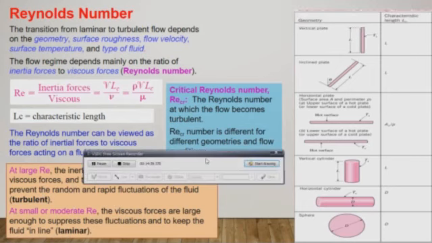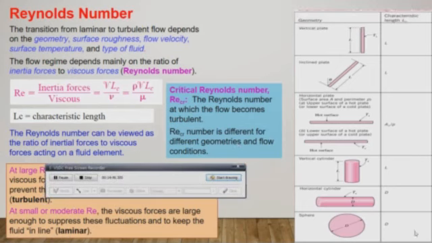So this table is basically just to show the difference in terms of how to determine the Lc. Okay, for example, for a flat plate, L is the length. Inclined plate also L, the length. And then for a horizontal hot plate, whether the top surface is hot or the lower surface is hot, the Lc is given by the area divided by the perimeter.